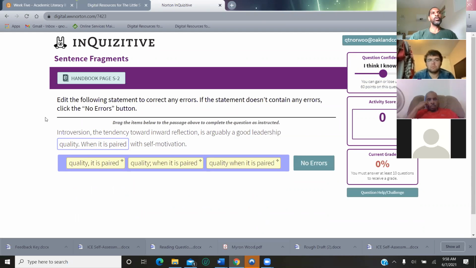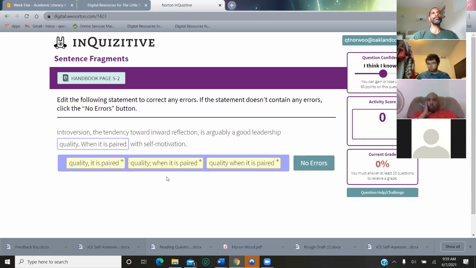Introversion, the tendency toward inner reflection, is arguably a good leadership quality. Okay. When it is paired with self-motivation. So we got two sentences here. One of them is an independent clause, and one of them is a dependent clause or a fragment. All right. And from these options, you just have to drag the one in here that fits.